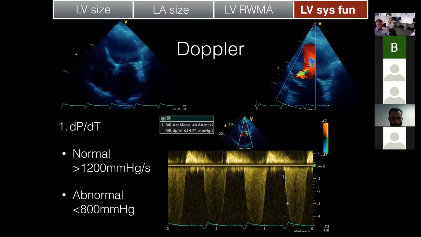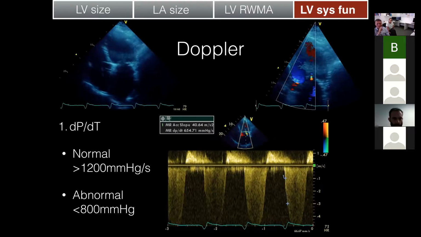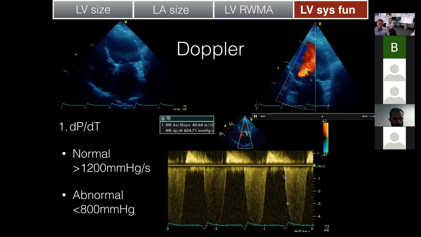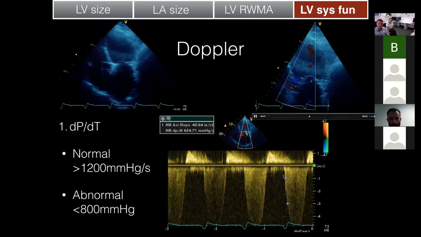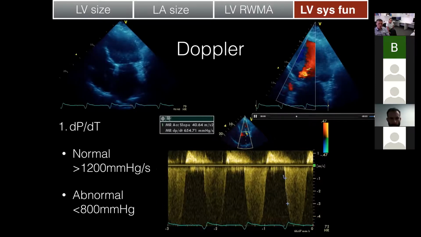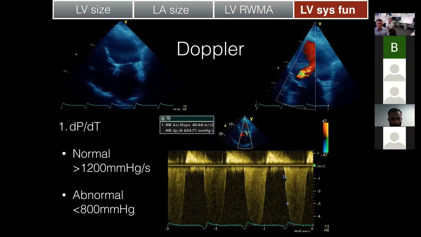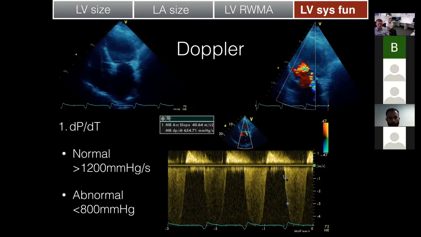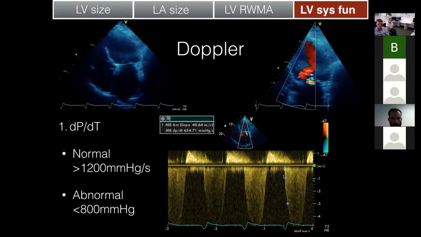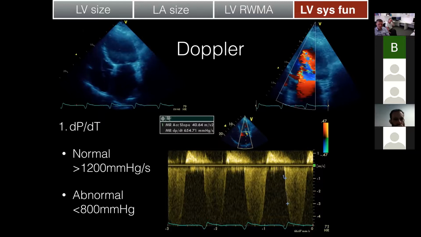Cool, we've also got Doppler. So Doppler, if you've got a central directed mitral regurgitation jet, it's got to be central. We can look at the change in pressure and how long it takes to do that. And the change in pressure we're looking at is particularly from 1 meter per second up to 3 meters a second.